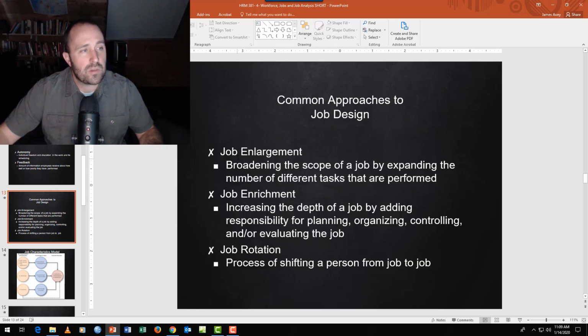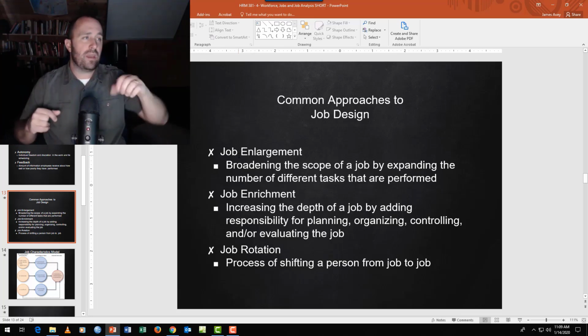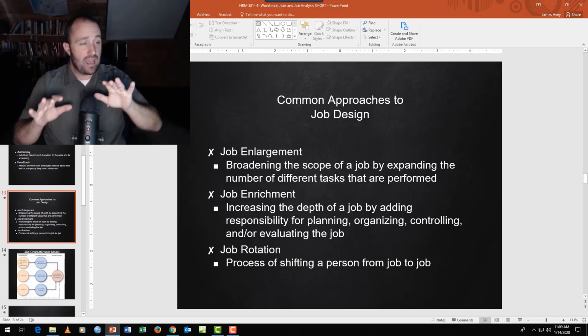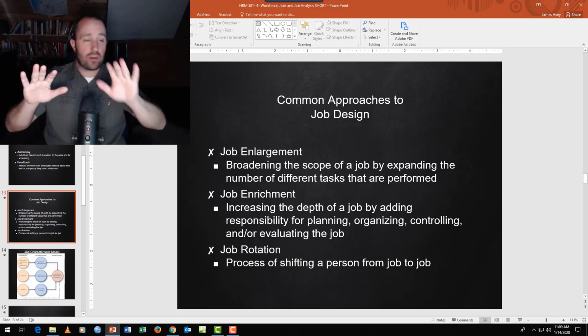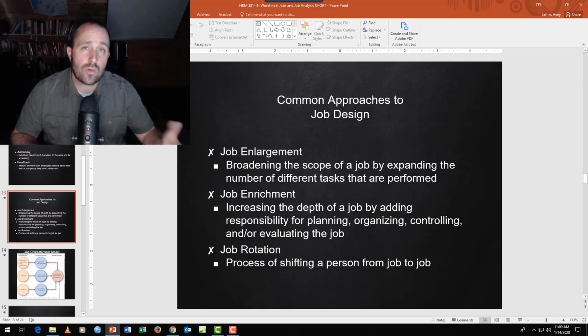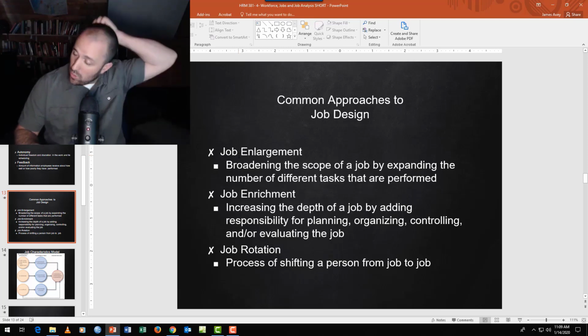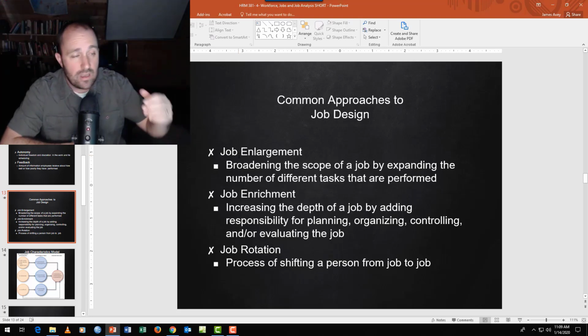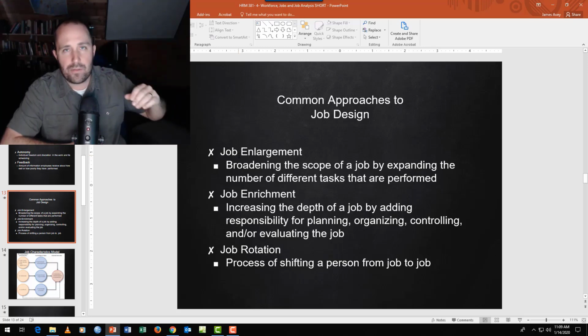Another way to do it, let me switch up here to job enlargement. Job enlargement is, your job used to be doing the fries. Now your job, simultaneously, at the same time, is doing fries, burgers, and drive-through. So job enlargement is a natural consequence of lower staffing. If your company's gone through RIFs, a reduction in force, layoffs, you're going to have people who, just by nature of there not being as many people there, have to do more components of the job.